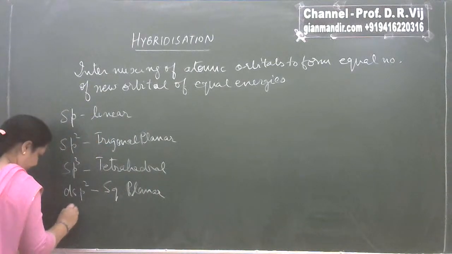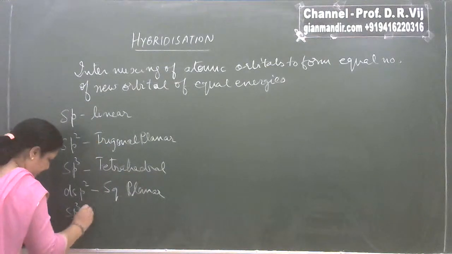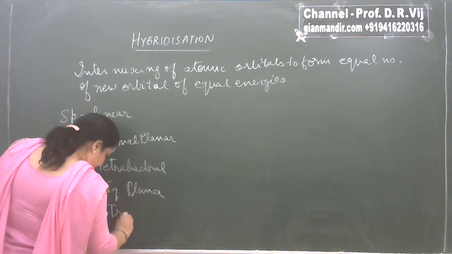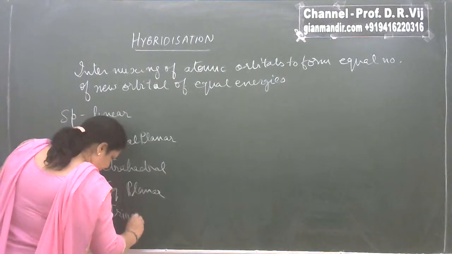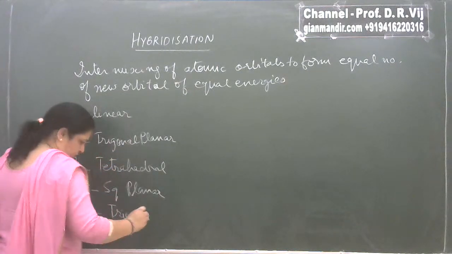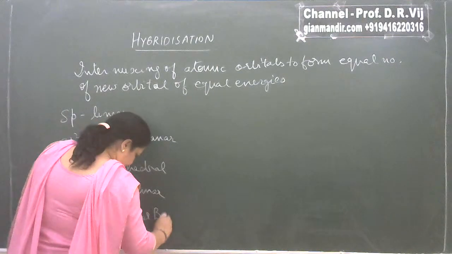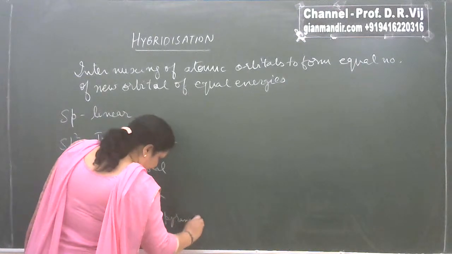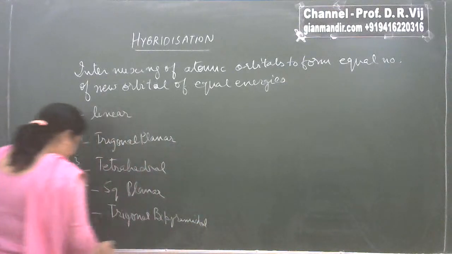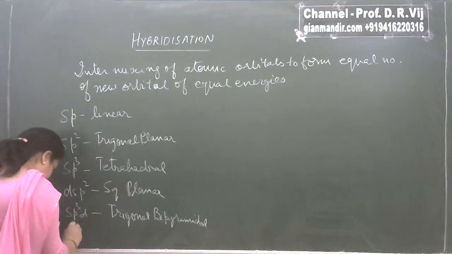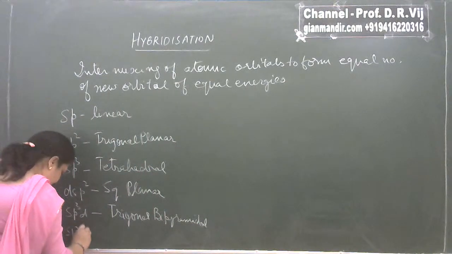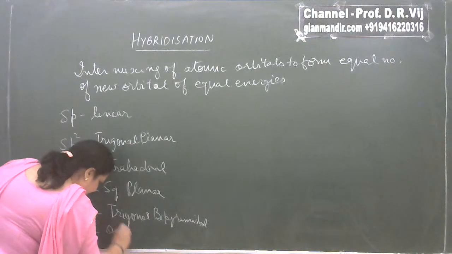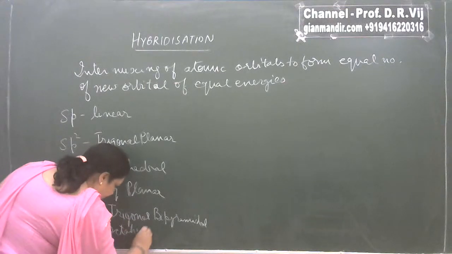If it is sp3d, then it is known as trigonal bipyramidal. And if hybridization is sp3d2 or d2sp3, then the shape of the molecule is octahedral.